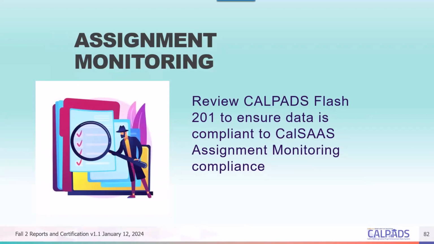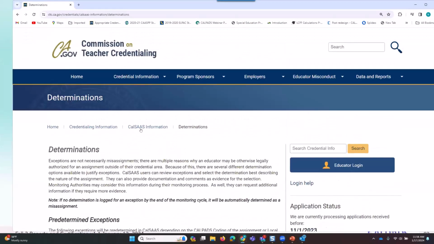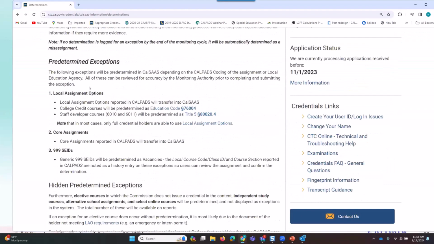Okay, so we're going to take a little bit of time to talk about assignment monitoring. Again, the greatest source of information is always to type CalSAS information. It's at the CTC website. And so there's a lot of information.